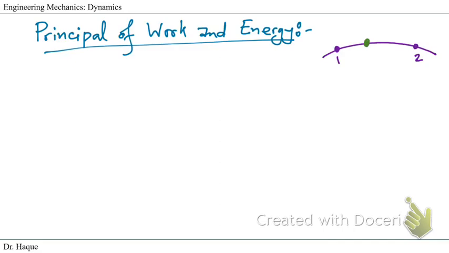There could be a lot of forces acting on that particle: F1, F2 and F3. When there are a lot of forces, what do we do? We take a resultant force. Assume the resultant force F is acting along this direction, and the particle is moved a small distance ds. If we want to consider work, that is our goal, we have to take the component of the force along the path of the displacement.